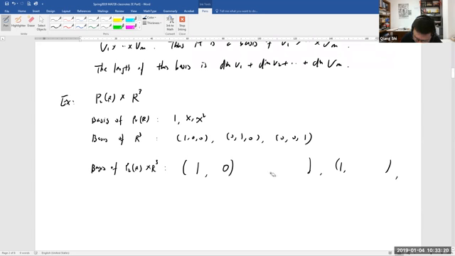Because we want x, and to make it clear, this is a 0 in R3. So we have this one here, and then we have x and 0, 0, 0, and then we have x squared and 0, 0, 0. That's what we should do.